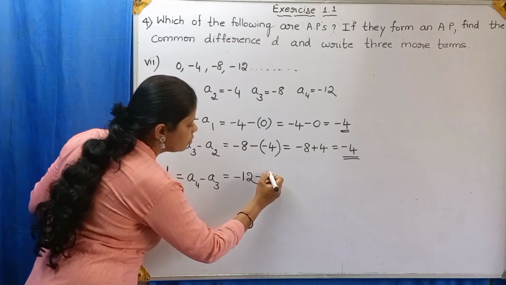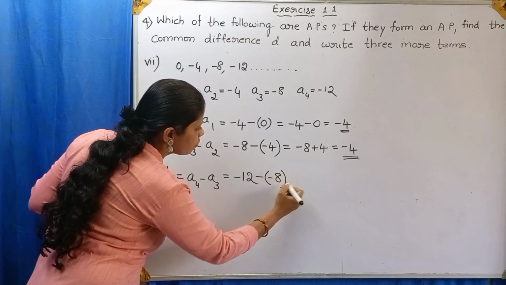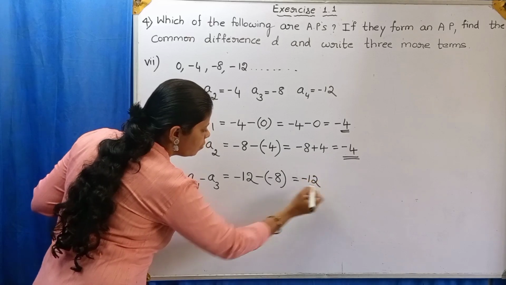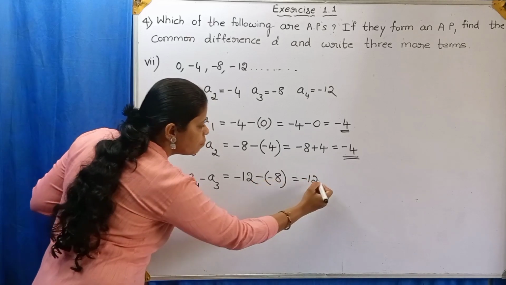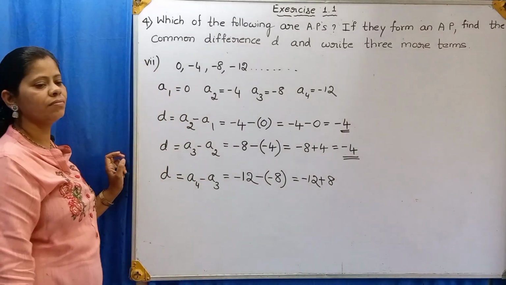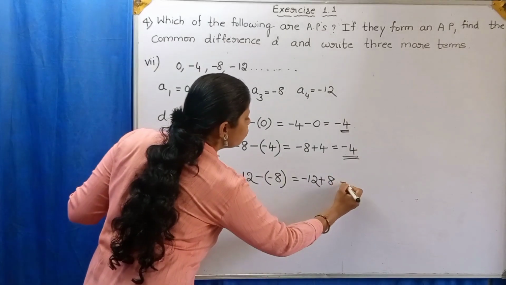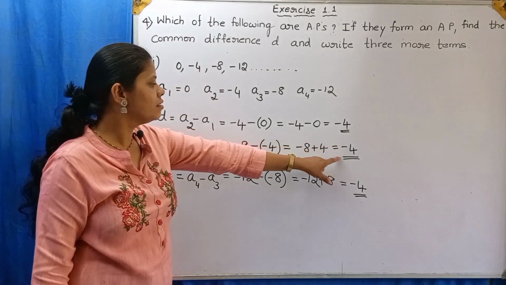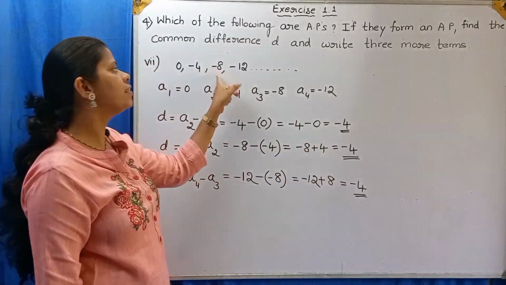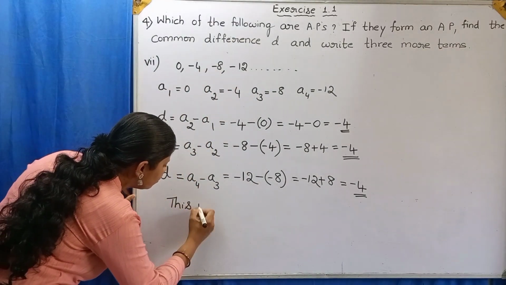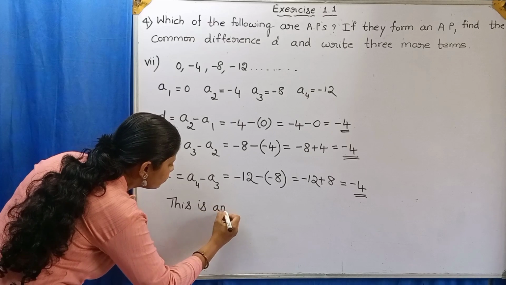Minus 8. Again, minus 12, minus into minus is what? Plus 8. Minus 12 plus 8 is what? Minus 4. Minus 4. Here the differences are the same. Therefore, it is an AP. This is an AP.